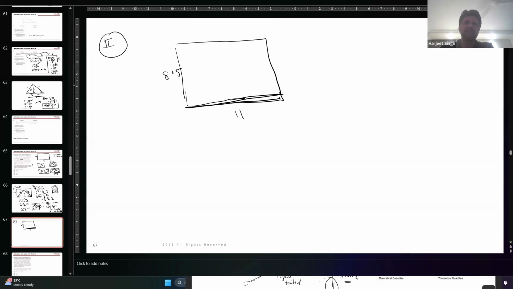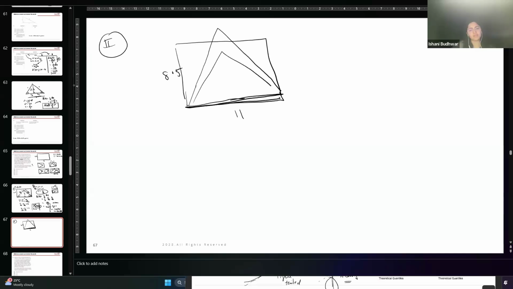Will it go outside or inside? Every side would be 11, but that does not guarantee whether it's inside or outside.